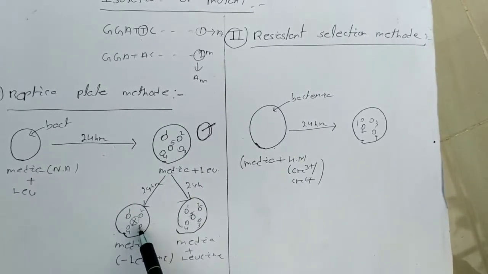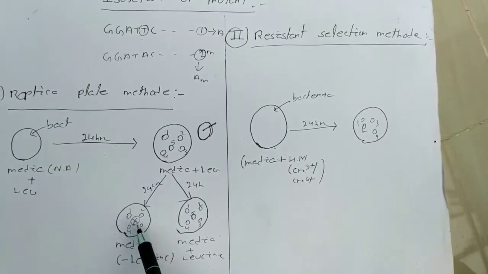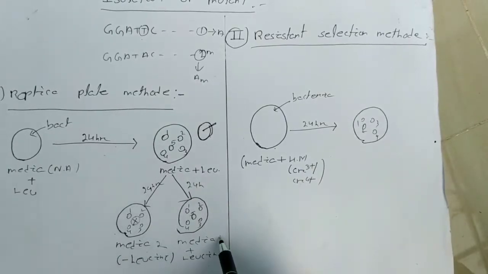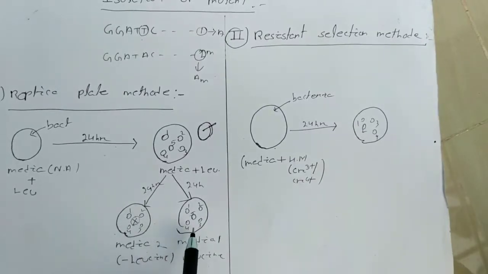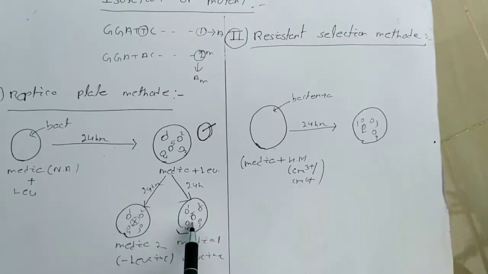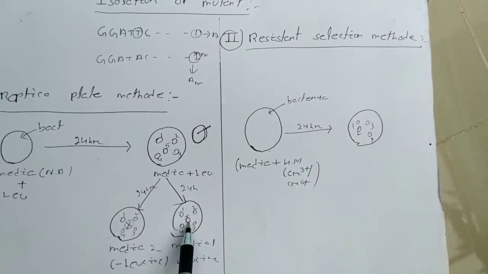Those colonies which are not present in media 2, we compare with 1, and we conclude that those colonies are leucine auxotrophs. Like here, colony 5 is our leucine auxotroph.